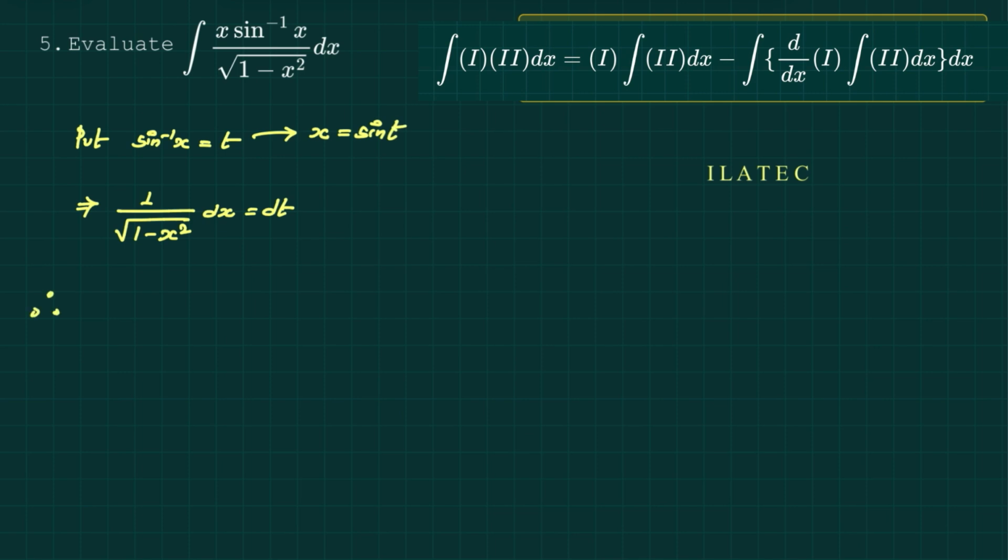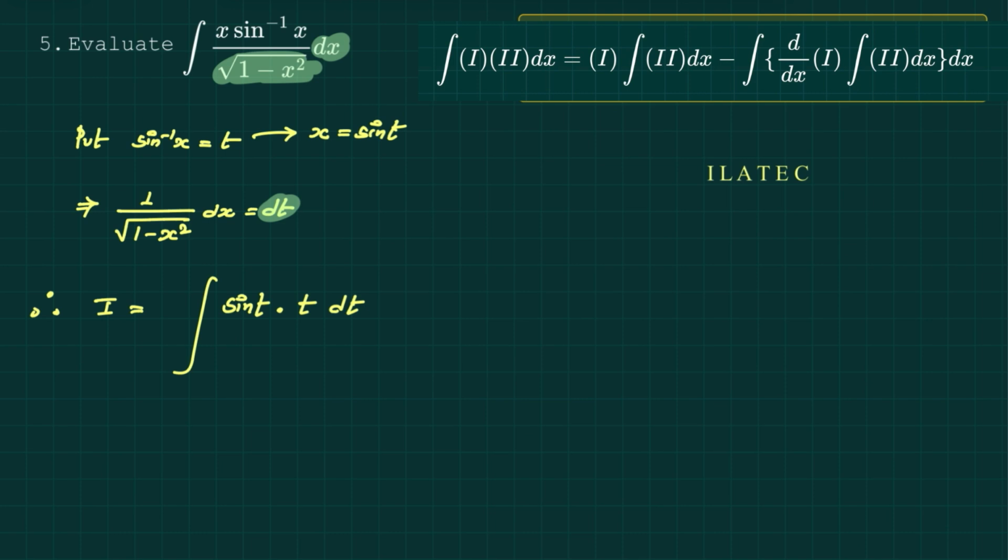Therefore my integration I will be equal to the integration of, instead of this particular x we can write sine t, and instead of sin inverse x, that is we have considered t, and dx over square root of 1 minus x square is dt from this equation, so here we will have dt.